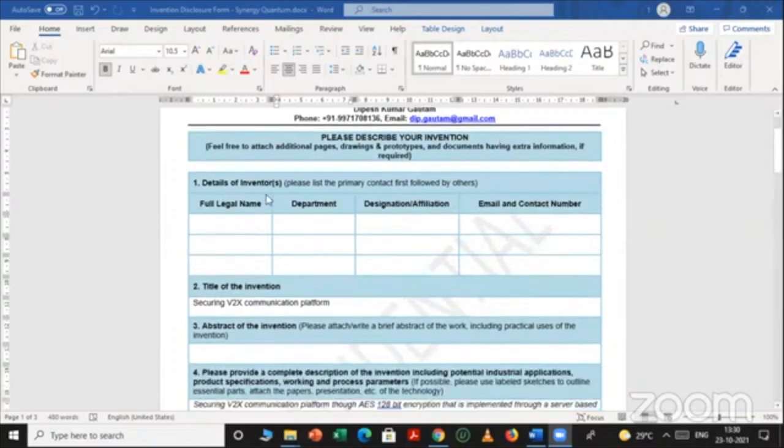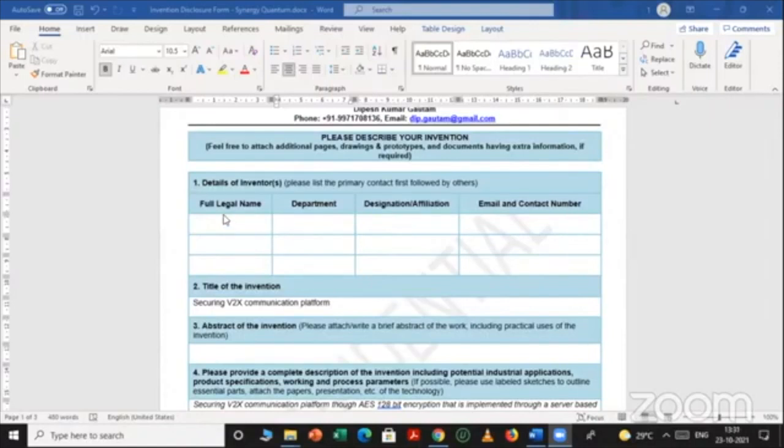So the first section is the details of inventors. This section is a legal requirement for patent filing in any country. If you're willing to file a patent in India, or an international application like WIPO, or a European application, you have to give the details about the inventors.